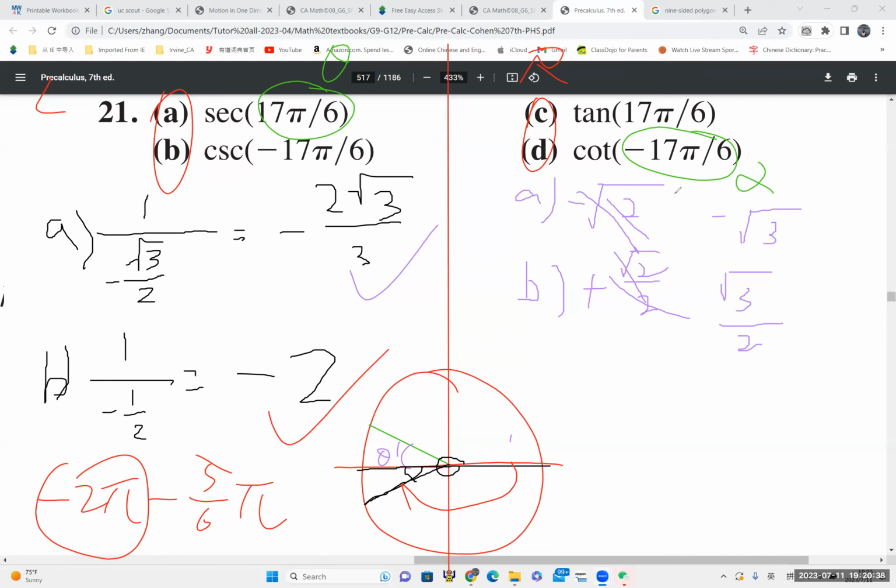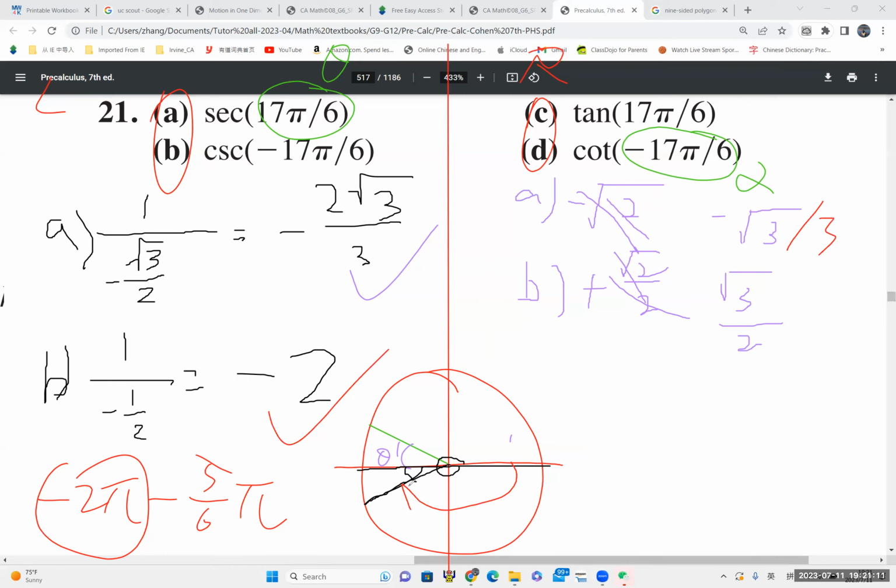Now, tangent. Tangent is negative, and it should be y over x. Then this is not correct, right? It's like 1 over radical 3. It should be this. Then part B is here.